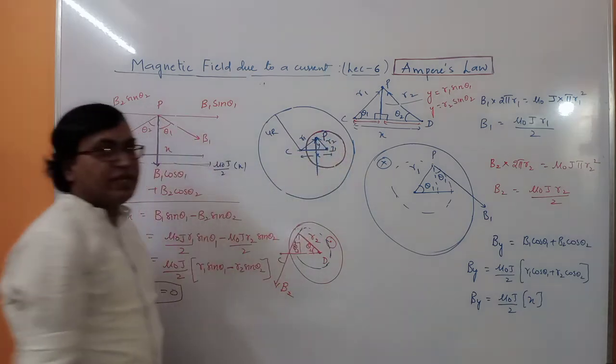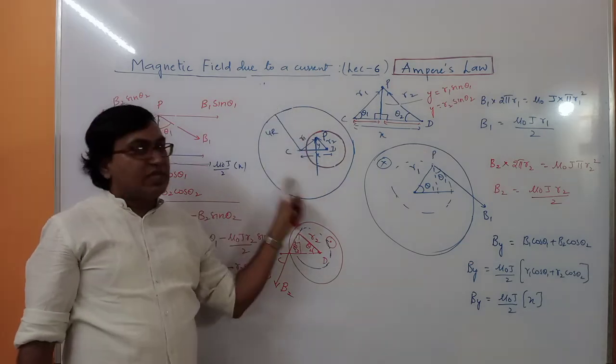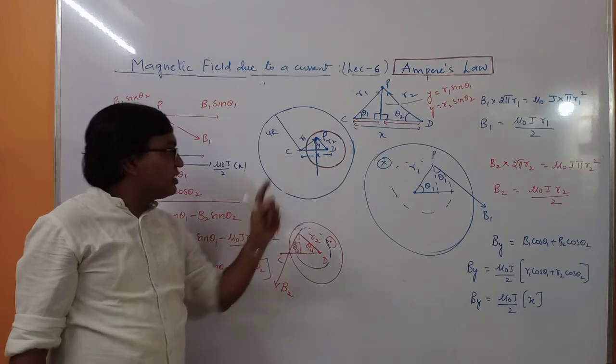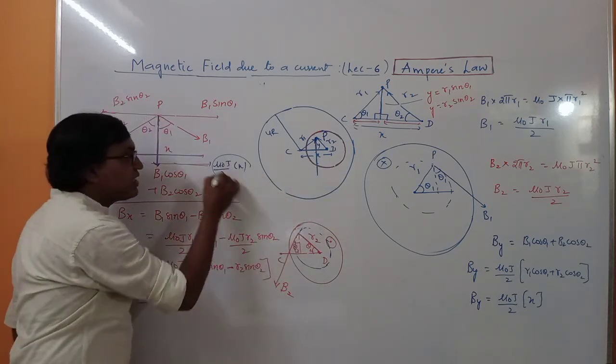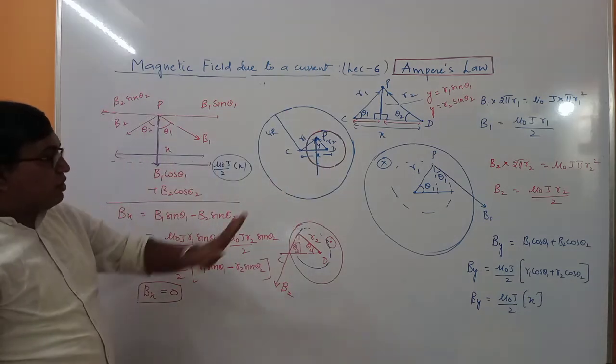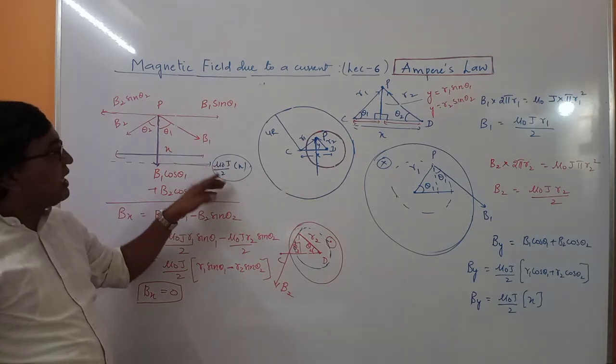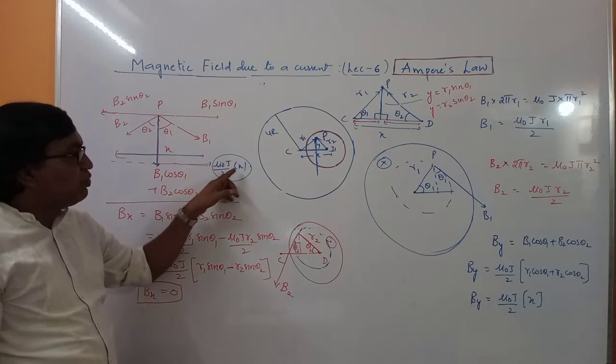So the distance between the center of the cylinder and the center of the cavity is x, and the magnetic field is along this direction and is constant. We have a constant current distribution, so the magnetic field is constant, and that is mu naught J by 2 into x.